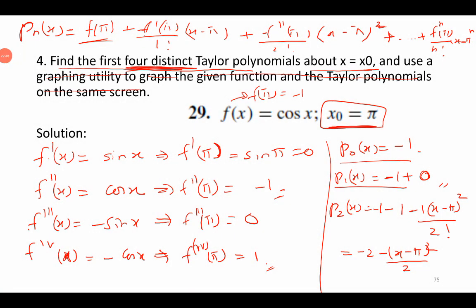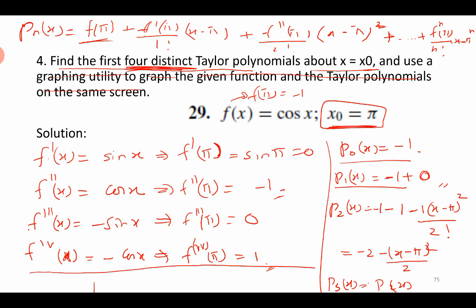The first 3 have been written here. This is p1, p2 for degree 2, p3 up to degree 3. This one plus the last, third derivative term. The third derivative term is 0, so it will repeat. So we don't need it. So p3 of x will repeat as p2 of x. So p4 of x should be found, isn't it? p4 of x will be of degree 4. The fourth derivative is 1.